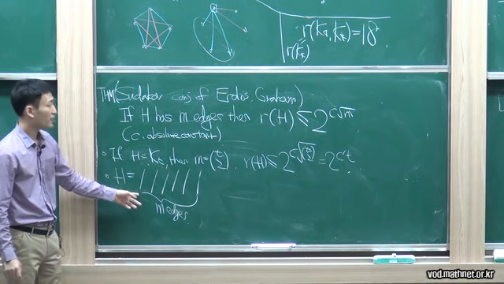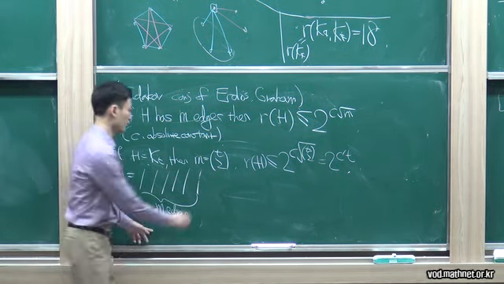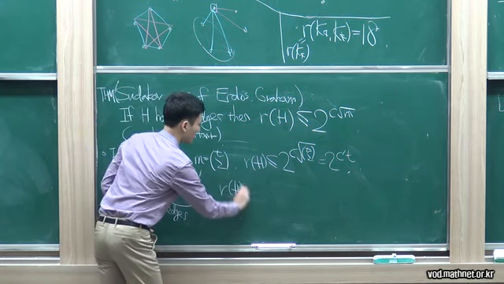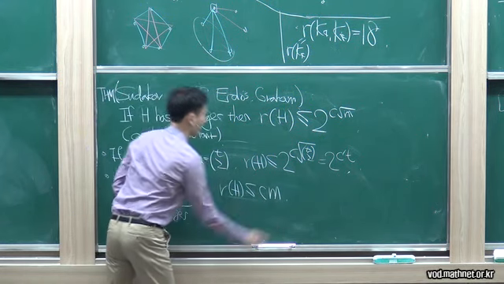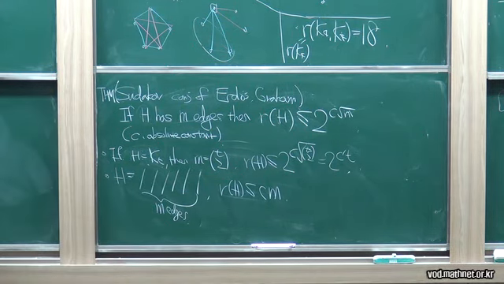For this, it's not difficult to see that the Ramsey number is linear in terms of the number of edges. So R of H is at most C times m. Probably we can compute the exact constant C here, but this is just to give you some idea of what's going on. So even though it can get as bad as exponential, there are also graphs where it's far from the truth.